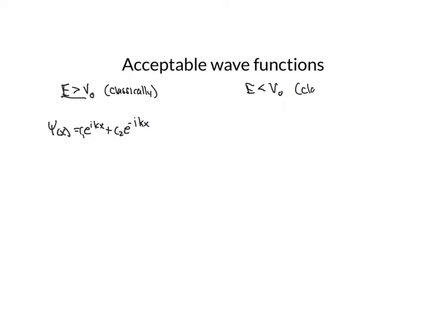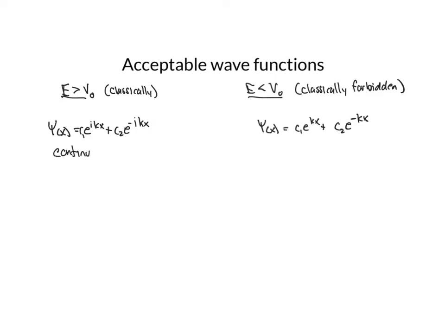When we're in a classically forbidden region where E is less than V naught, then we have the real wave functions. And so we can write psi of x for this situation as c1 e to the kx plus c2 e to the minus kx.